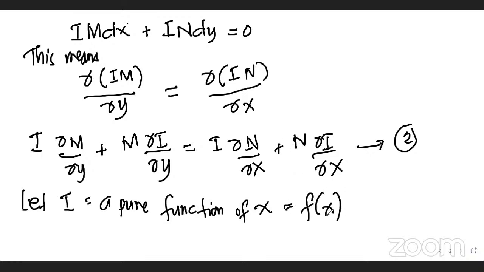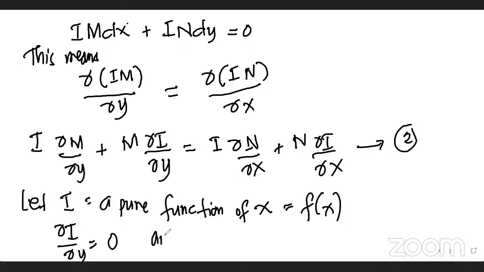Lagay lang natin. So ibig sabihin niyan, since I is a pure function of x, if you are to differentiate I with respect to y, ano yung magiging result niyan? Since x nga ito, 0 yung partial derivative ni I with respect to y.